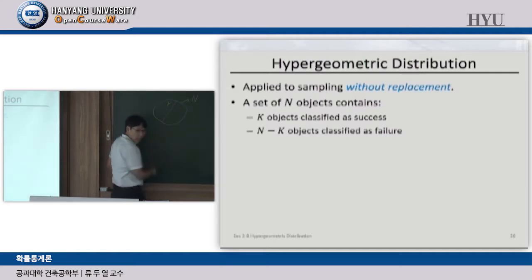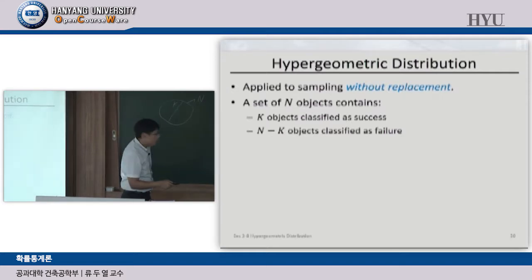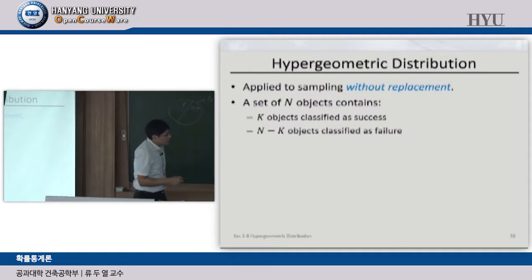First one is the large K, that is classified as success. Okay? And there is also N minus K, which is classified as failure. Okay?